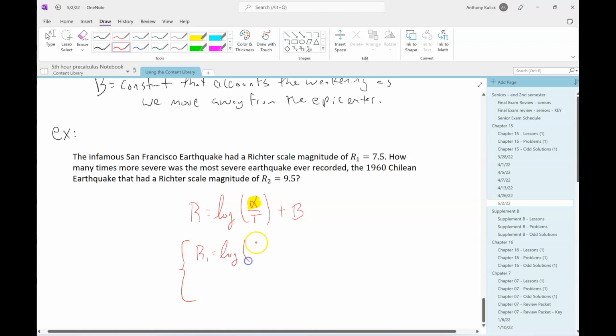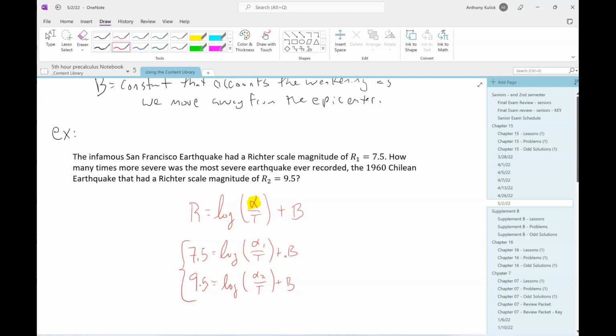So the system I would write, well, let's actually put the numbers in. Everybody happy here with the system that I wrote?